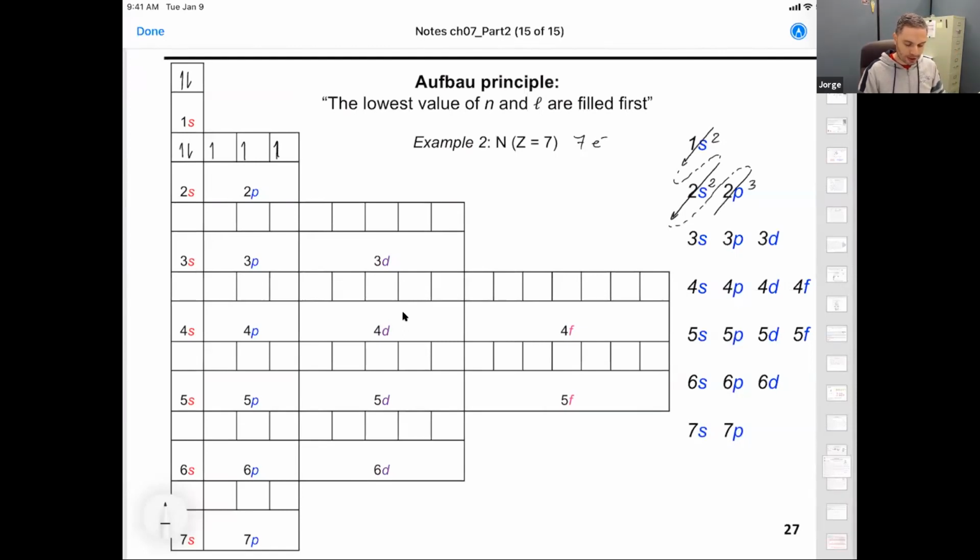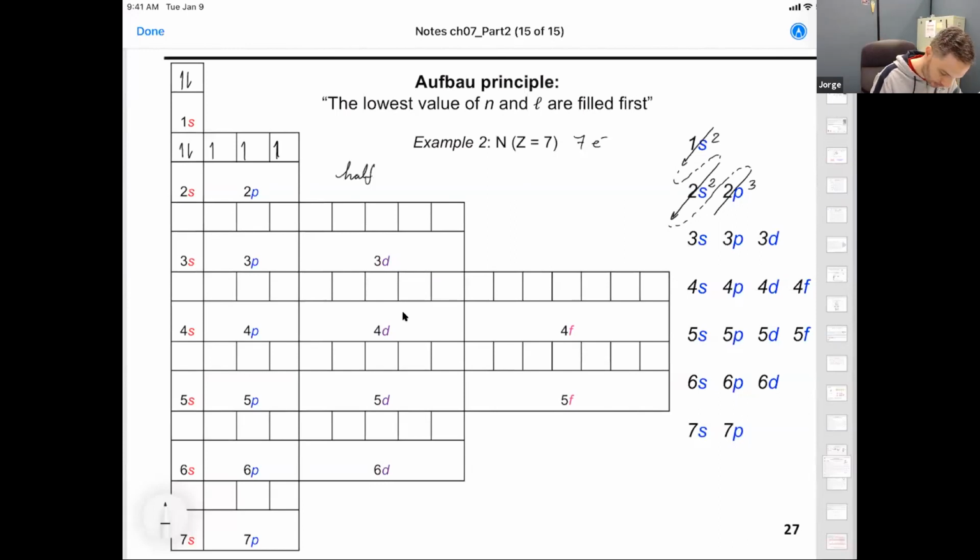So now look here, nitrogen does not have all the subshells completely filled up. Therefore, it is not stable by itself. However, it's not that bad because we have here the 2p subshell half filled, and that's very special.